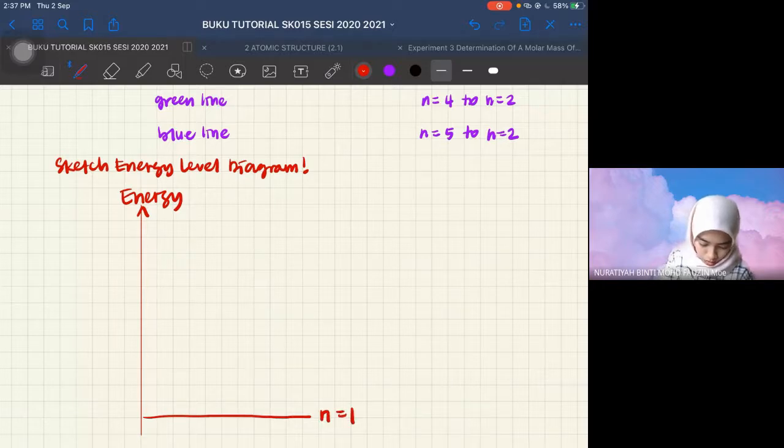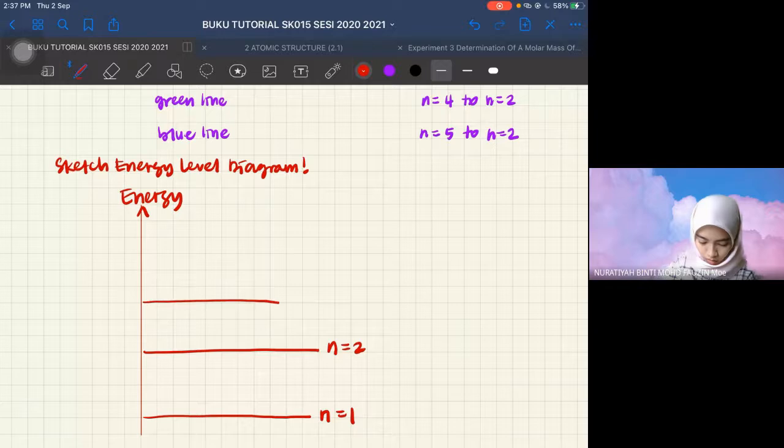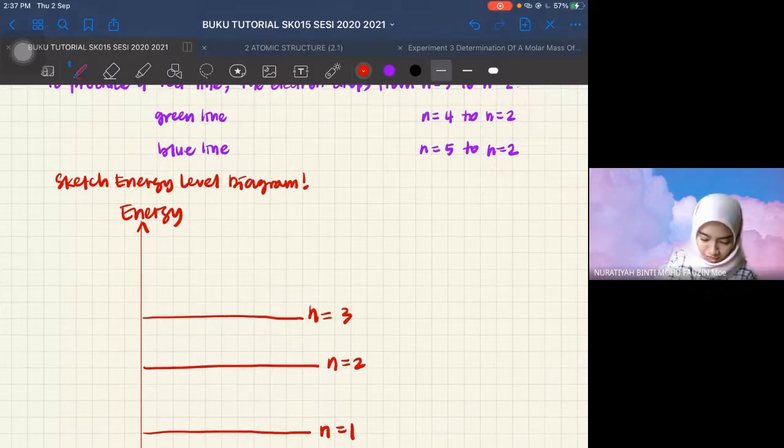Okay, makin lama awak punya line daripada bawah, dia makin kecil dia punya gap. Okay, so ini n equals to 2. Lepas tu n equals to 3. Okay, n equals to 3. N equals to 4.